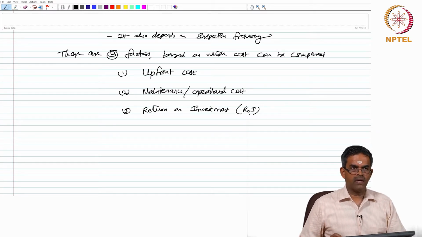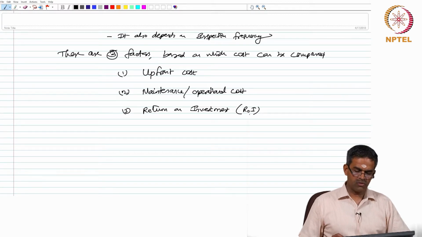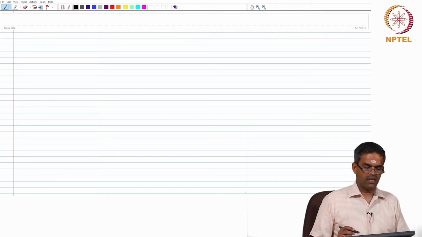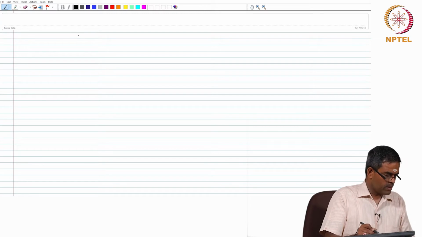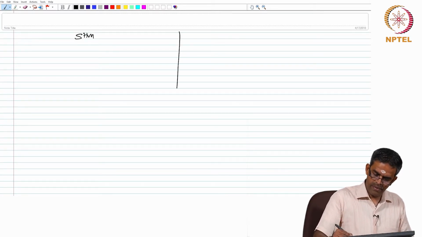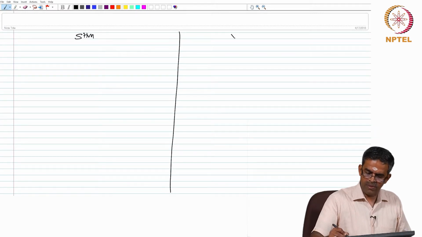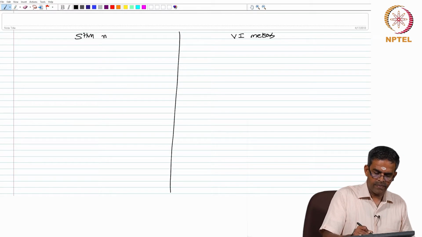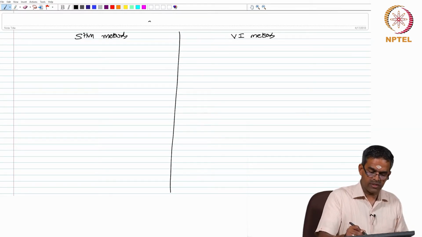Let us now compare and contrast both the methods based on these parameters. Let us talk about structural health monitoring methods on the left hand side and visual inspection methods on the right hand side. We are comparing the cost.